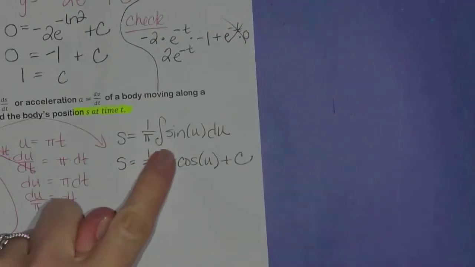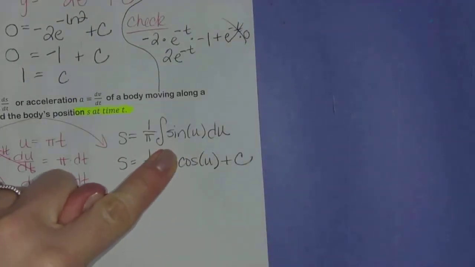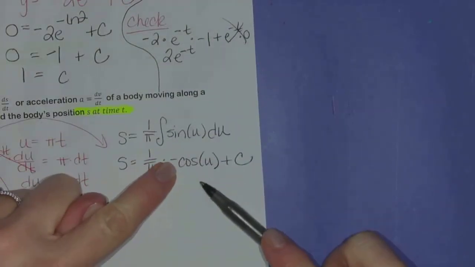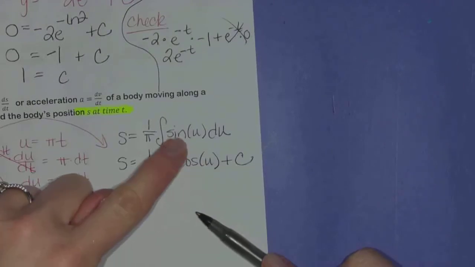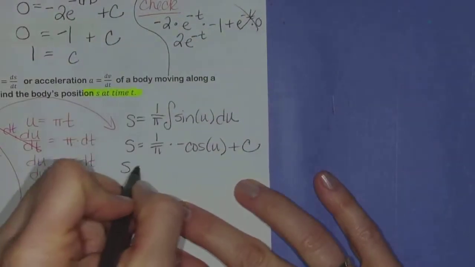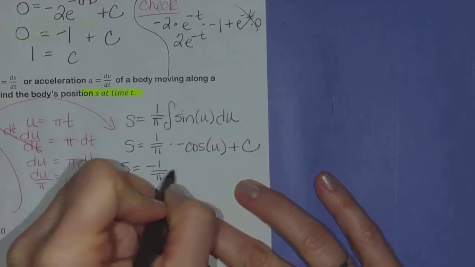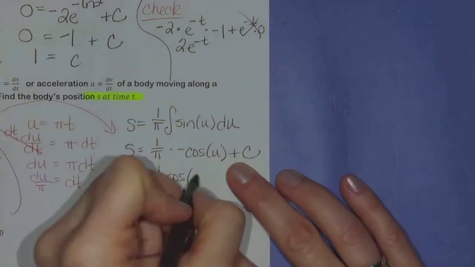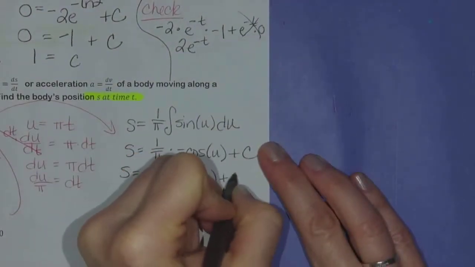The derivative of cosine would be negative sine, but there's no negative here, so I have to compensate so that the negative times the negative sign makes the positive sign. Okay, I'm going to put the negative in the front, so negative 1 over pi cosine of, let's go back to what u was, pi t, plus c.